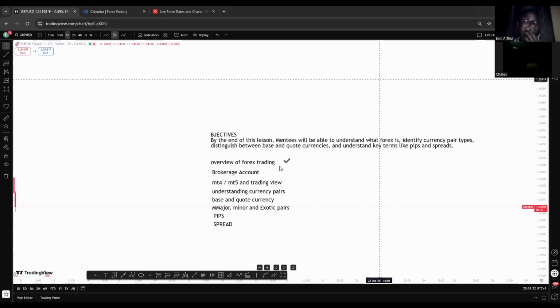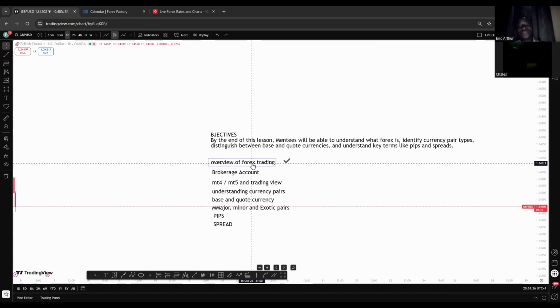So what does forex stand for? Foreign exchange. Foreign exchange markets, and it is the largest, most liquid financial market in the world. The forex market's purpose is to facilitate international trade and investment. As traders, we speculate on the price movements of different currencies.